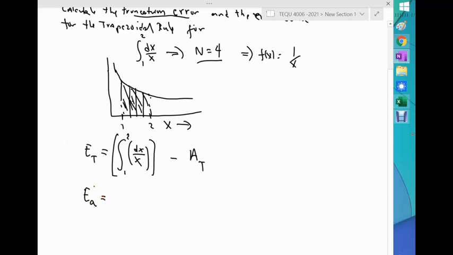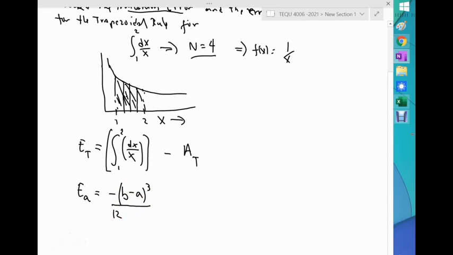It's going to be equal to minus (b minus a) cubed divided by 12 n squared, and that multiplied by the second derivative of f, but this is an average value, and that's where the confusion might start.